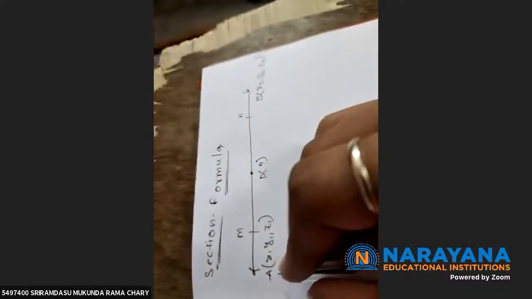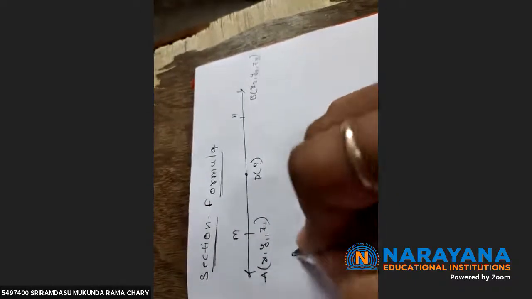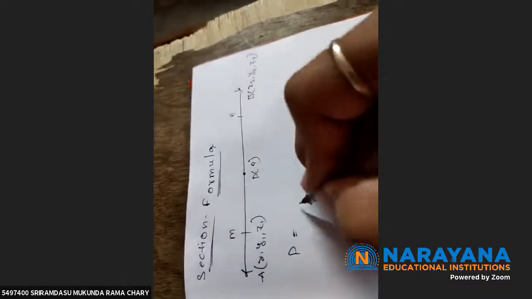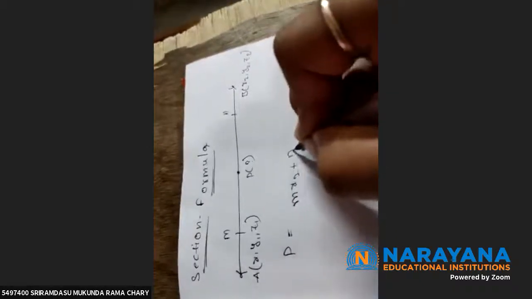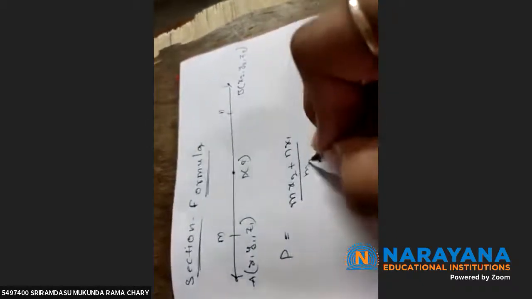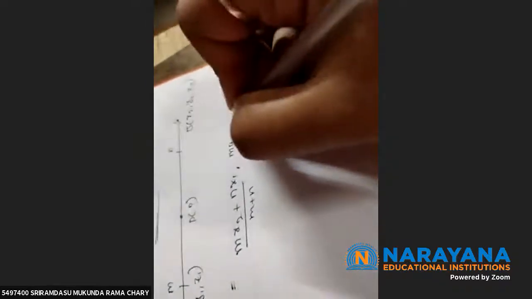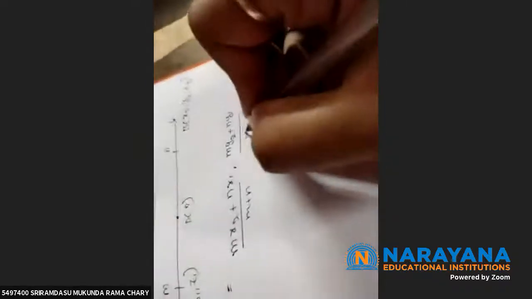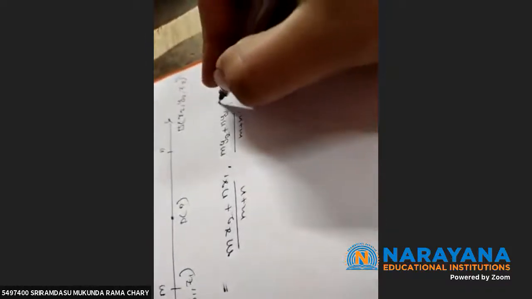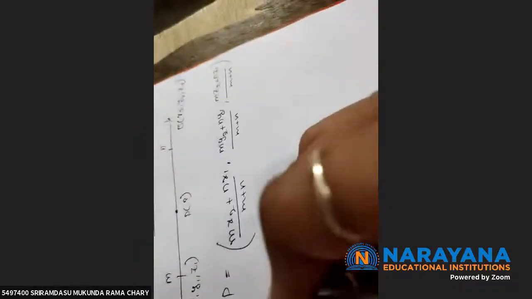Then the formula: P equals m x2 plus n x1 by m plus n, comma m y2 plus n y1 by m plus n, comma m z2 plus n z1 by m plus n. This is the formula when the ratio is m is to n.